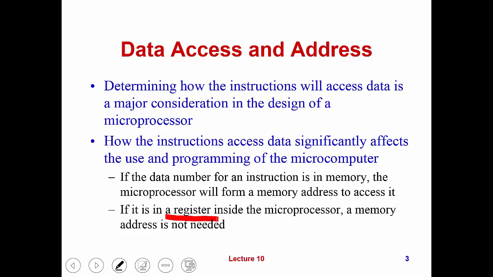Then we probably need to name a register, or we may not even need to name a register. But anyway, the memory address is not needed. So different instructions have different ways to access data.